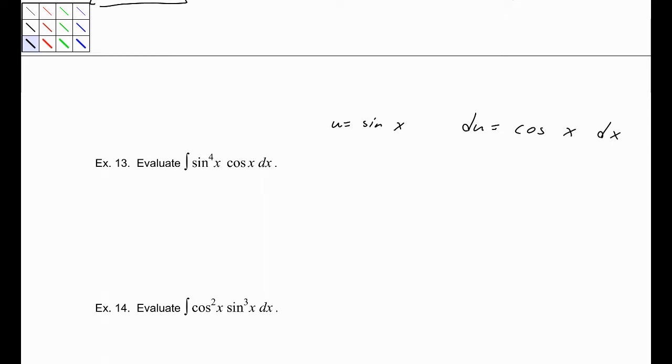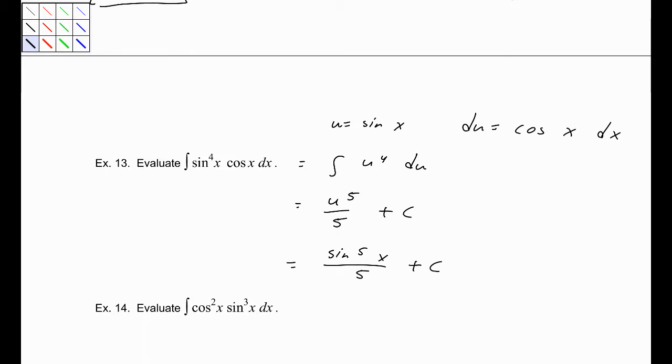We don't have to adjust anything here, so we can write this integral as the integral of u to the fourth du, which will be u to the fifth over 5 using our power rule, plus c, and that is sine to the fifth x over 5 plus c.